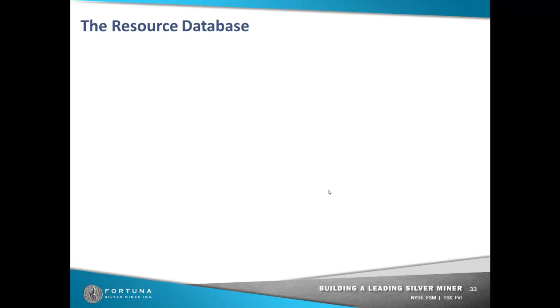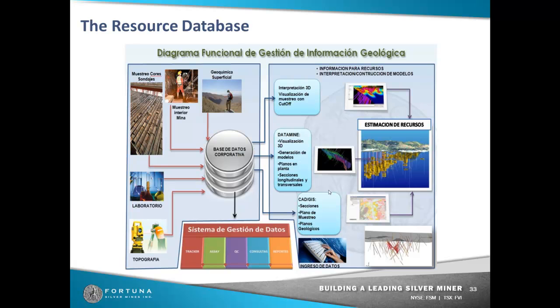So within Fortuna we have a complex setup in terms of our databases. We have a corporate SQL type of database, and from that we are gathering multiple different forms of information and storing that within our database. Generally we have two forms of database where we're collecting that information for each operation.